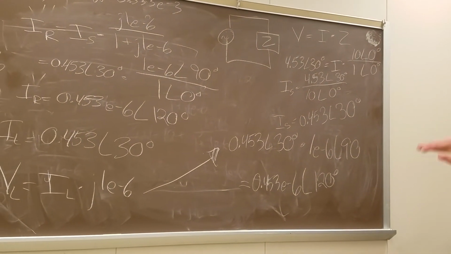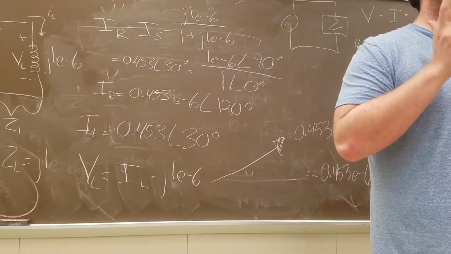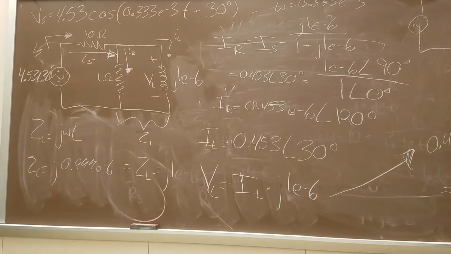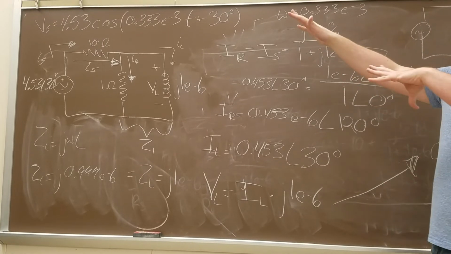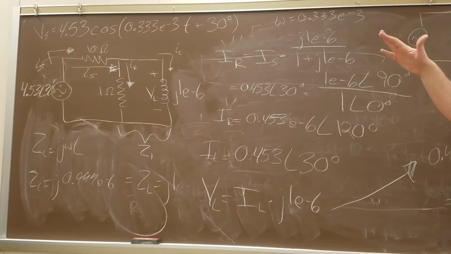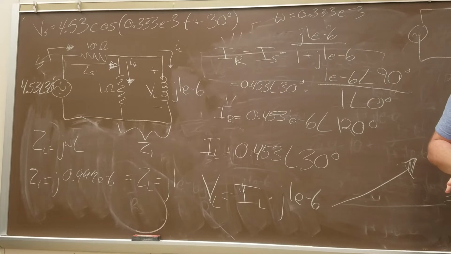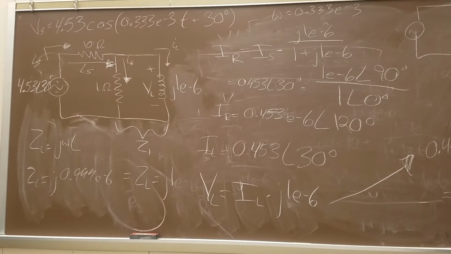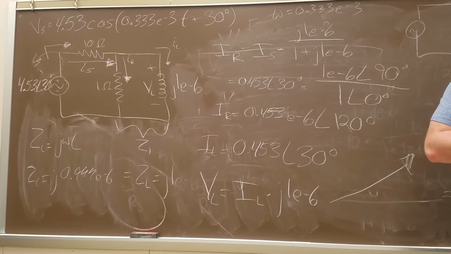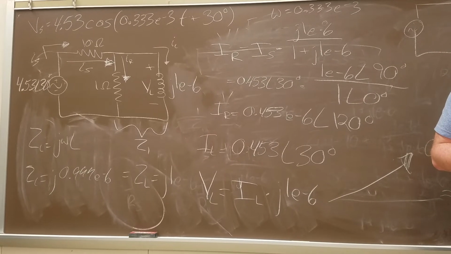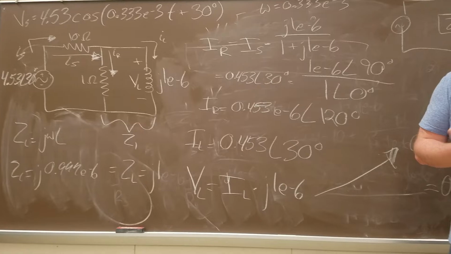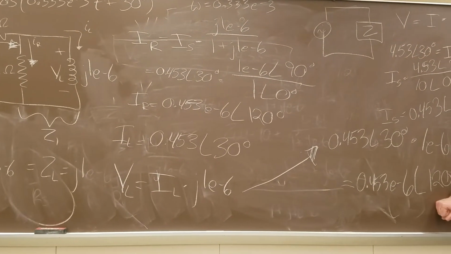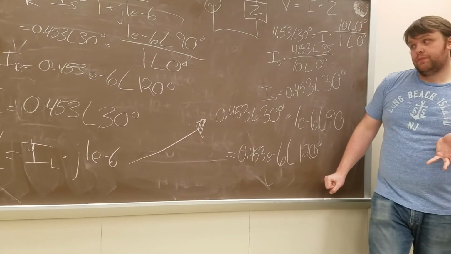Okay? Now, if this makes sense or not, we should see that it should. Because we are operating at an incredibly low frequency. An incredibly low frequency is comparable to DC. Right? And when we're at a DC voltage, we say that an inductor acts very similar to a wire. Right? And a wire cannot drop voltage. It will drop an incredibly small amount of voltage, microvolts.